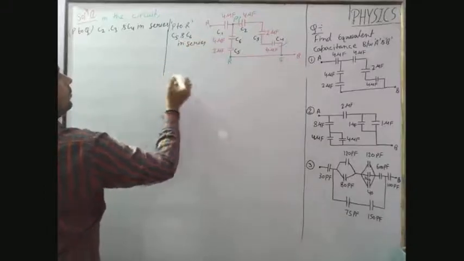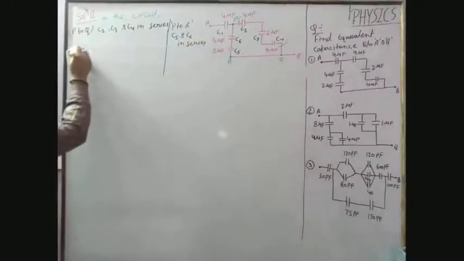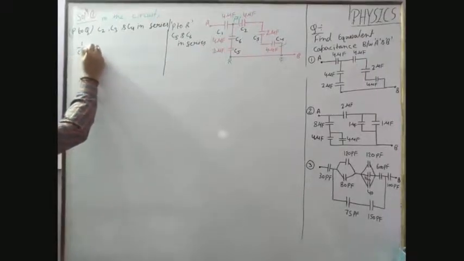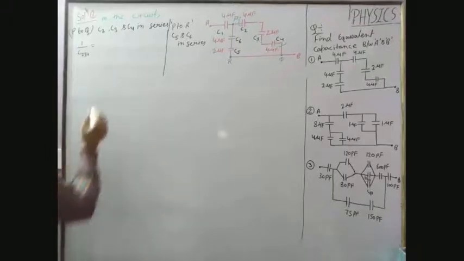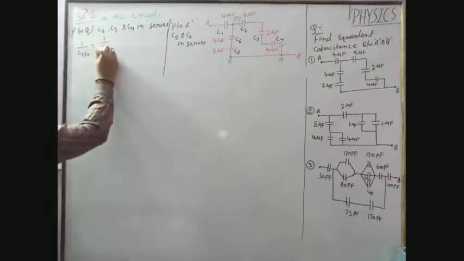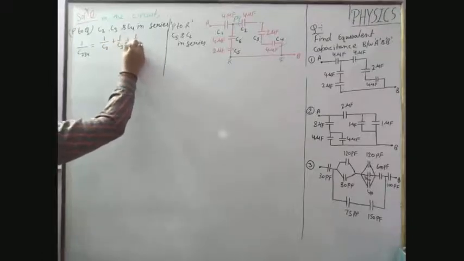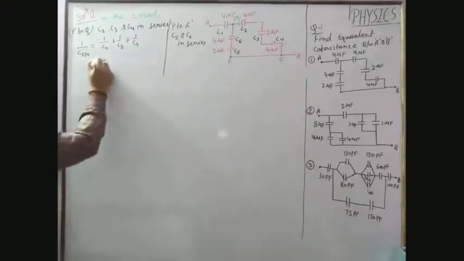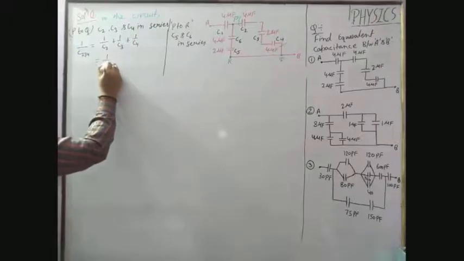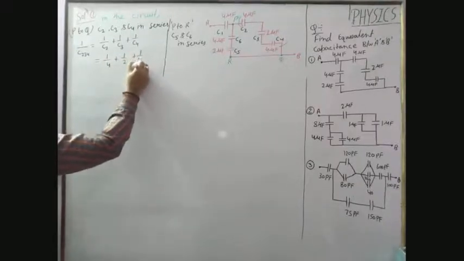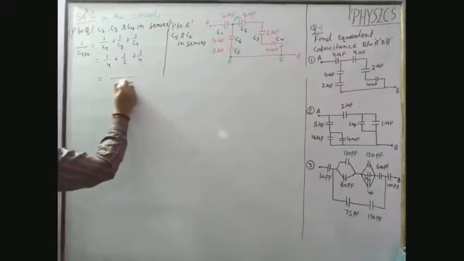Okay, now see, 1 upon C234 is equal to 1 upon C2 plus 1 upon C3 plus 1 upon C4. By using the values, 1 upon 4 plus 1 upon 2 plus 1 upon 4, you will get the LCM is 4.